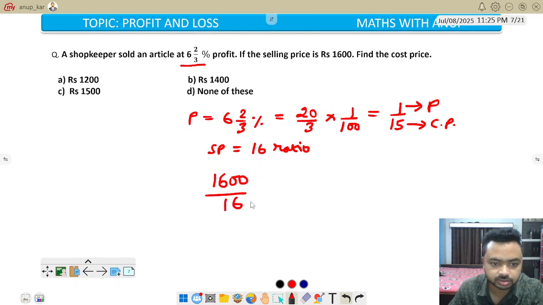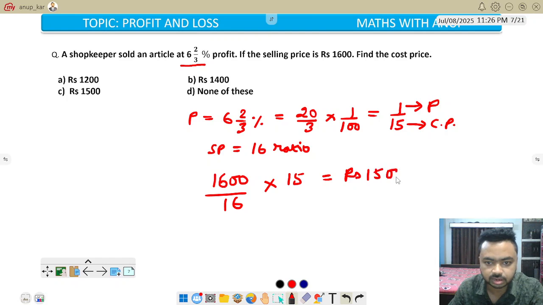So we divide by 16 and we have been asked to find out the cost price. Cost price ratio is 15. So हम लोग को दिया क्या है और पूछा क्या है, ठीक है. So we will get it to be equal to rupees 1500. So this is my final cost price answer.